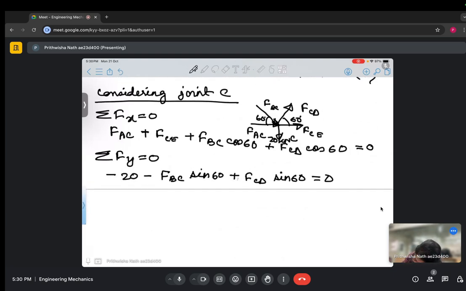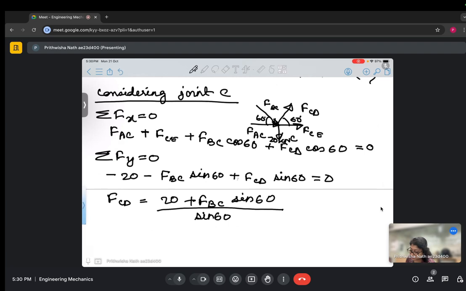We have to calculate first CD, then substitute it in this equation for Fx. So we will do that. FCD is equal to 20 plus FBC sin 60 divided by sin 60.